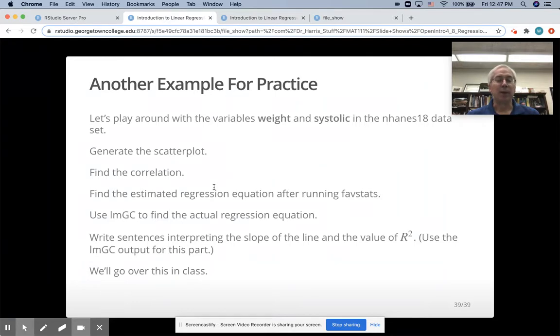And we can maybe play around with prediction and residuals when we get together too. So that's it for this. There's plenty for you to try. Hopefully you can get comfortable with this work, using XY plot, using five-number stats, using correlation, and using LMGC to help us answer these questions.